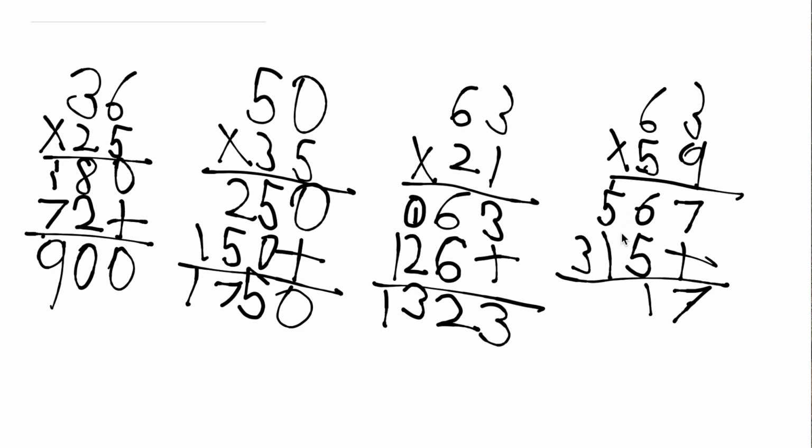And 6 plus 1 is 7. So we keep 7 like this. And then there's nothing to add to the 3. So we put 3 right here. And so it's 3,713.